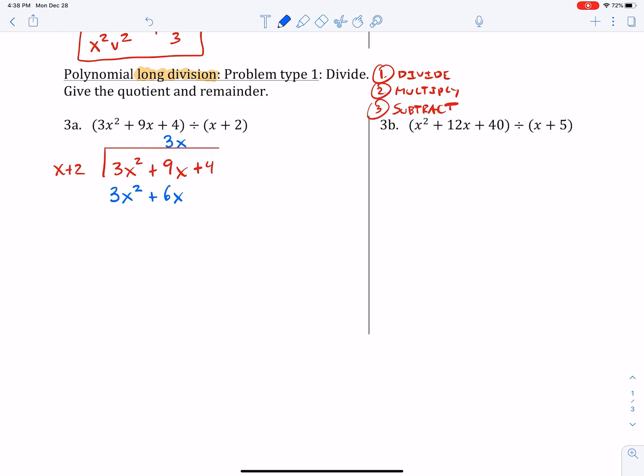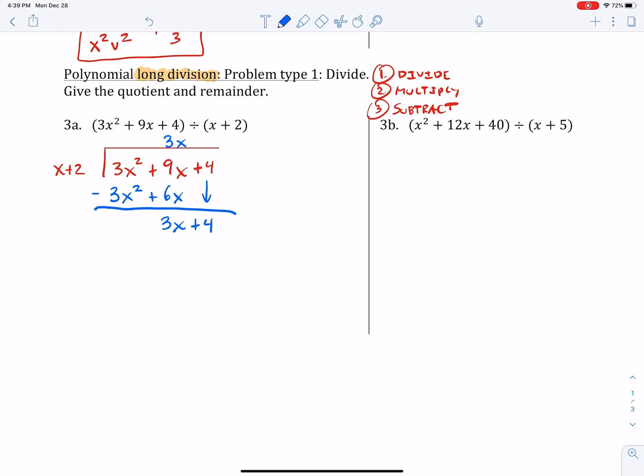And our last step is to subtract. 3x squared minus 3x squared is just 0. 9x minus 6x is 3x. And then we need to bring down our 4.